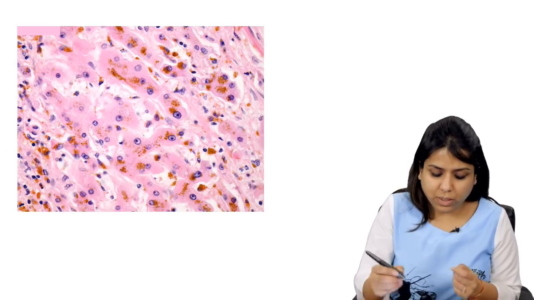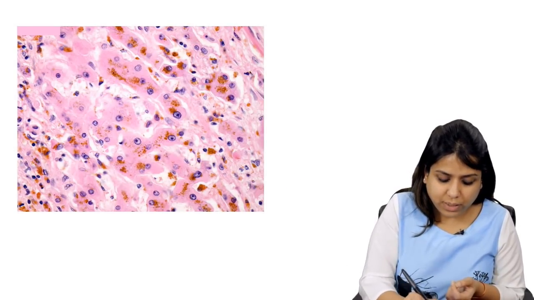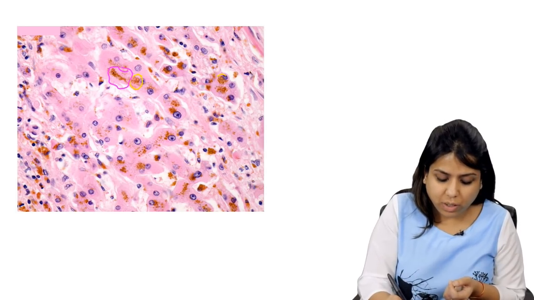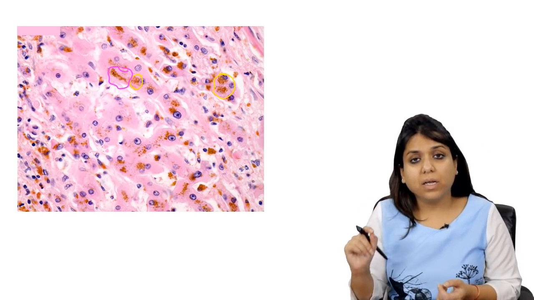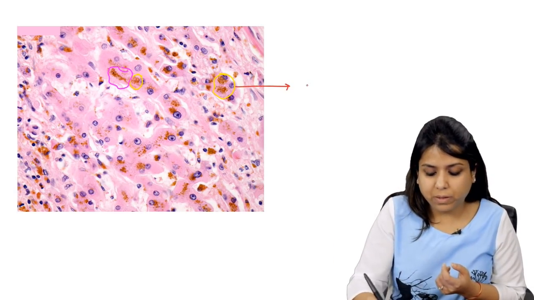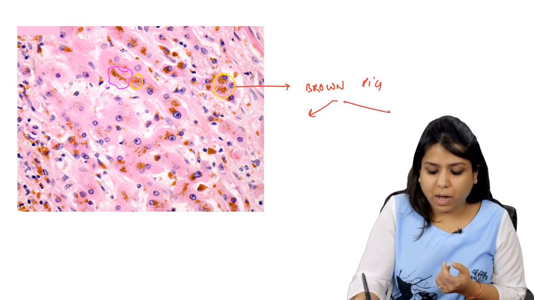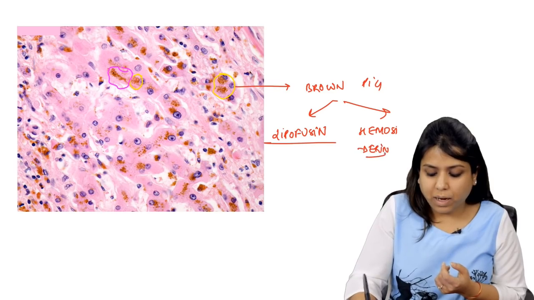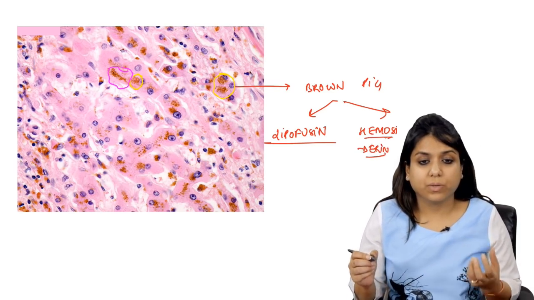Next image, students, the brownish pigment that everybody can appreciate. Which is this pigment? Any golden brown or brown pigment on a slide can be either lipofuscin or hemosiderin, right?